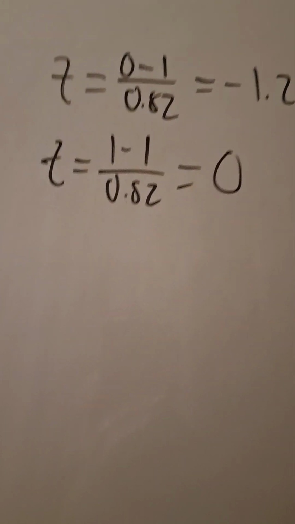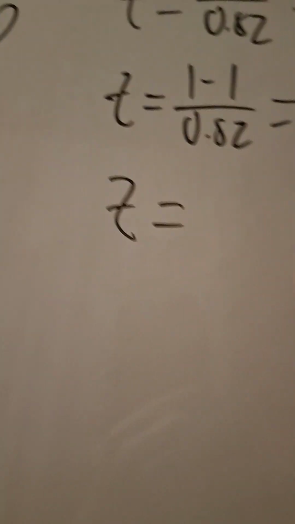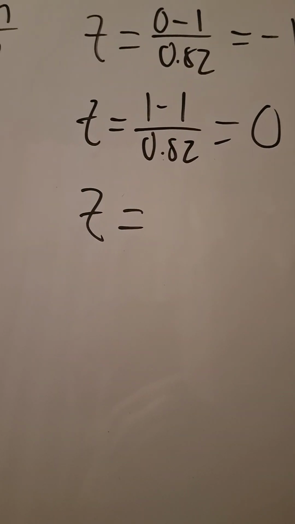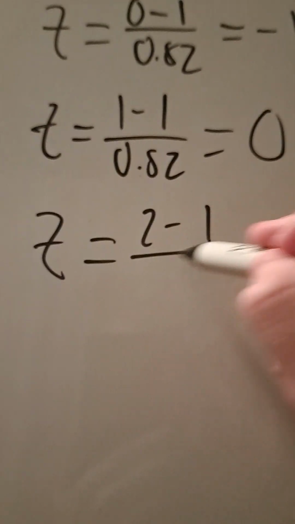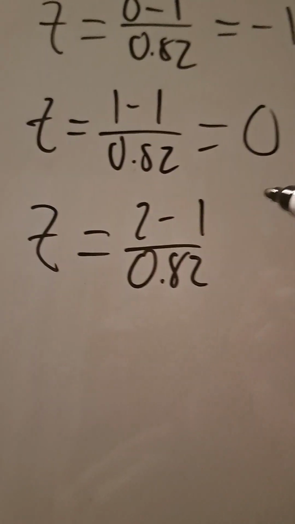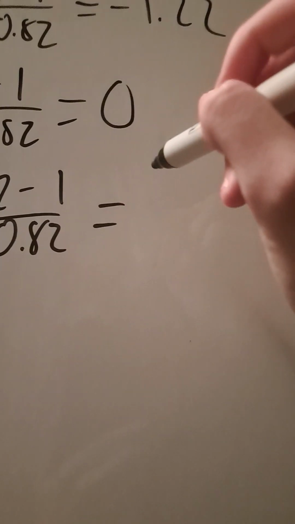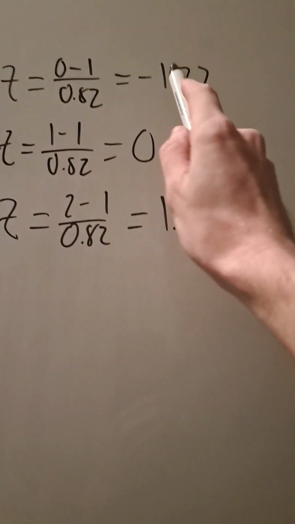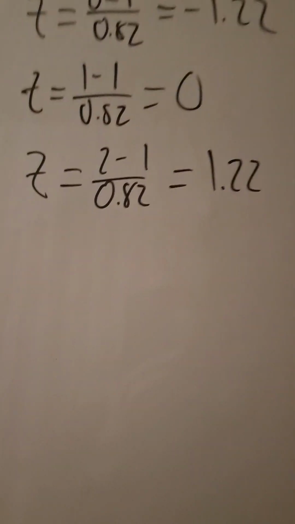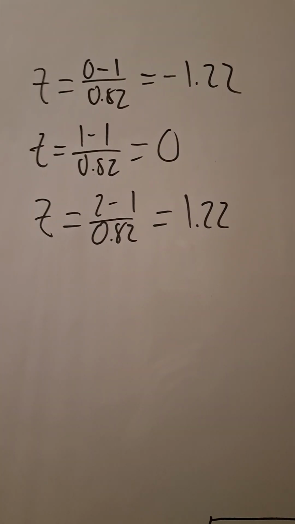Okay, and our last one for x, we're going to have z equals 2 minus 1 over 0.82, and that is going to be equal to 1.22 positive this time. See, the first one we had was a negative. This one's going to be a positive. All right, so those three numbers there, those are our z-scores for our x values.